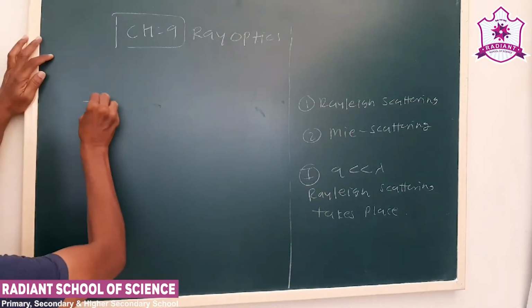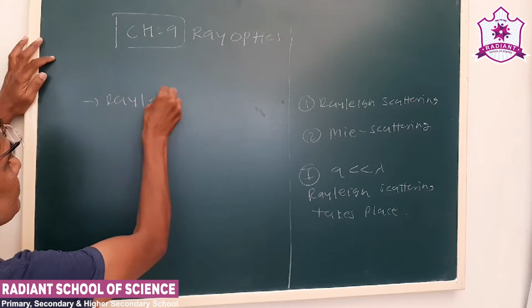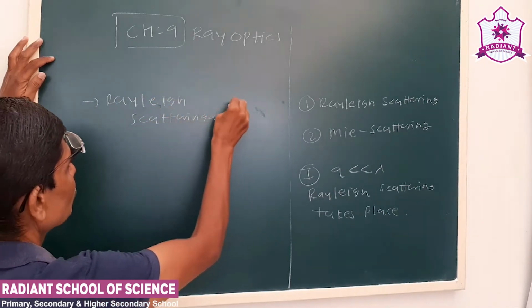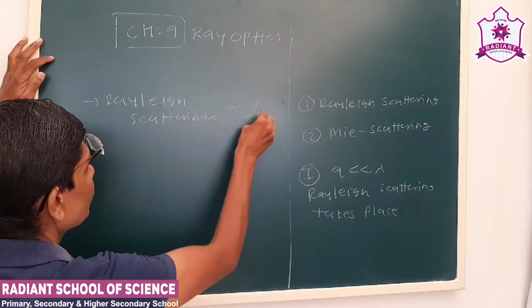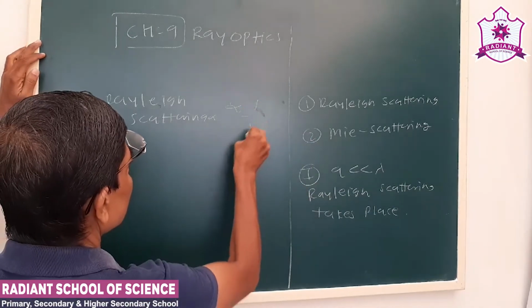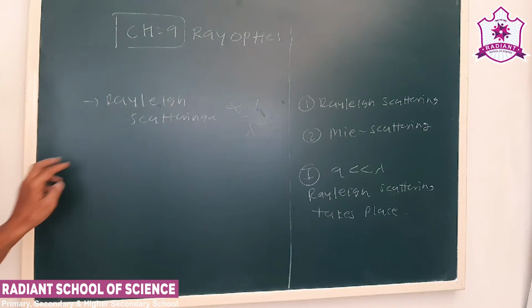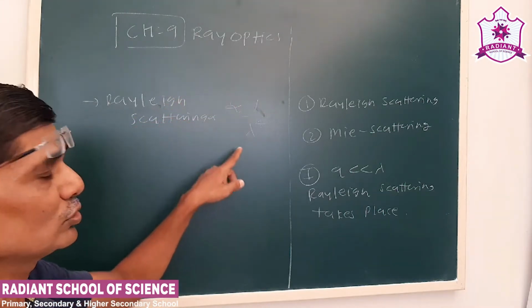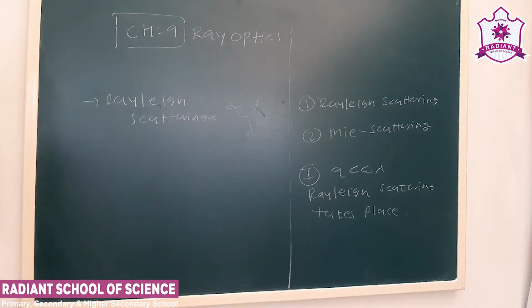See, the Rayleigh scattering is inversely proportional to the 4th power of the incident wavelength.